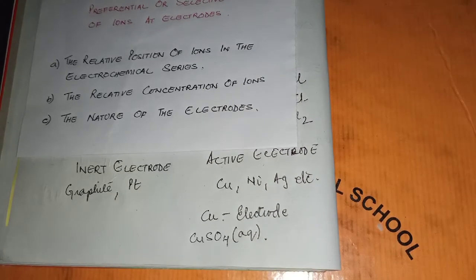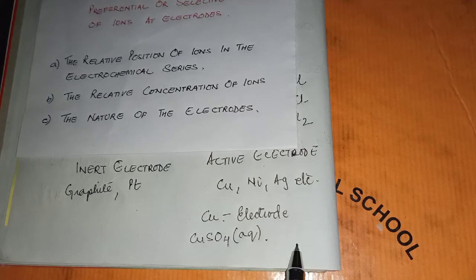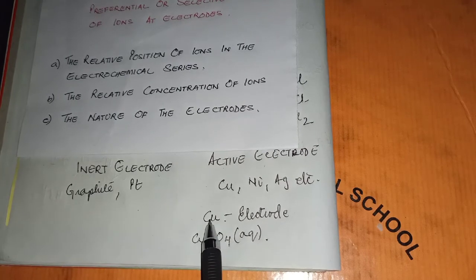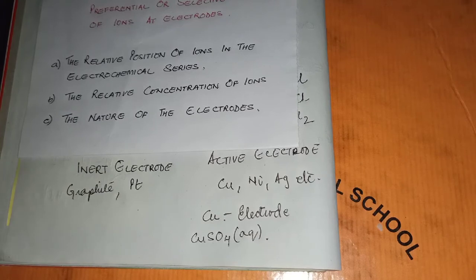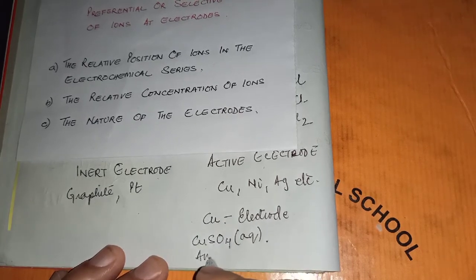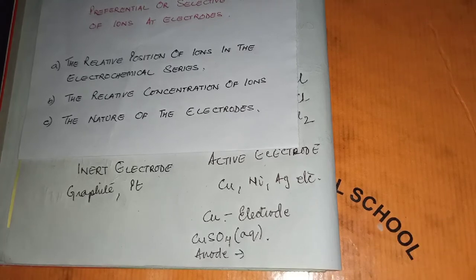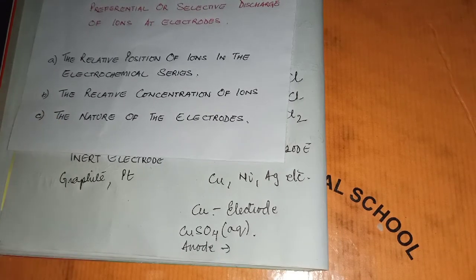Now in this particular case, the electrolyte also contains copper, and the electrode is also made up of copper. Now in this type of case, at the anode, and we know that at the anode what type of reaction takes place? Reduction reaction takes place.